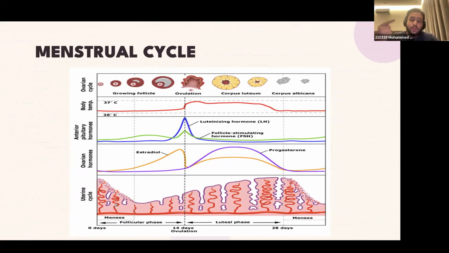The FSH will go and pick a follicle and grow that follicle, obviously multiple, but only one will ovulate. And these follicles will synthesize estrogen through granulosa cells. Estrogen will go back into the pituitary and the hypothalamus, causing positive feedback. And what this will do is increase FSH more, this green line, to cause more and more development of the follicle.